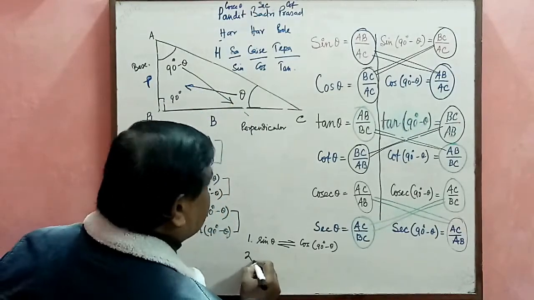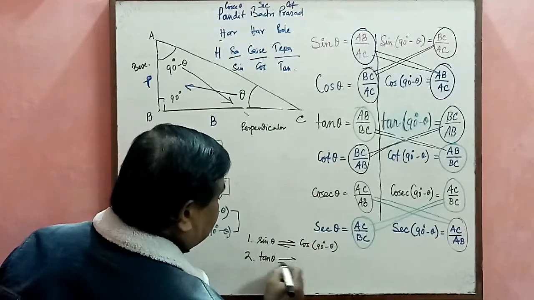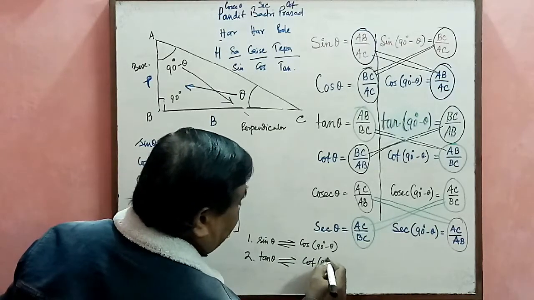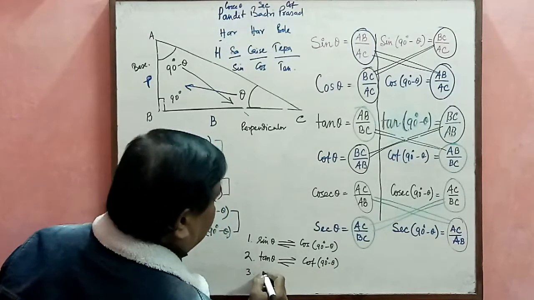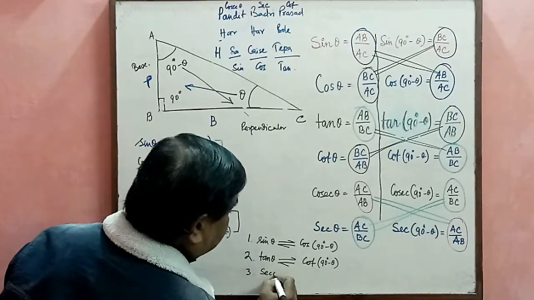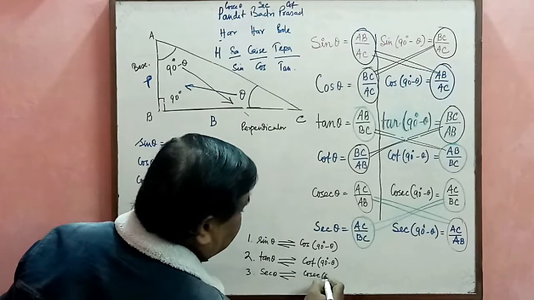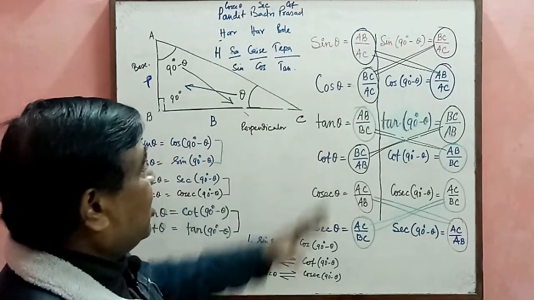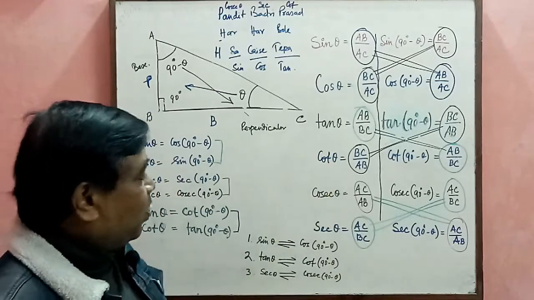Number 2: tan theta equals, vice versa, cot 90 degree minus theta. And third one: sec theta equals cosec 90 degree minus theta. This way we have 3 pairs of angular relations, because we have only 6 variables in trigonometry.